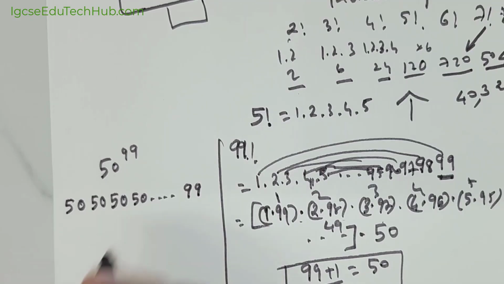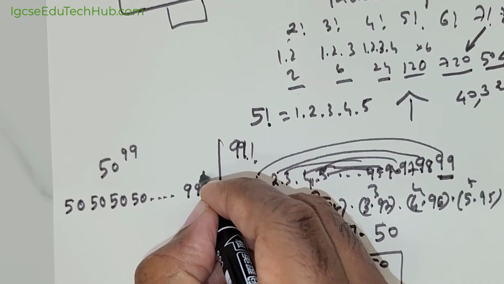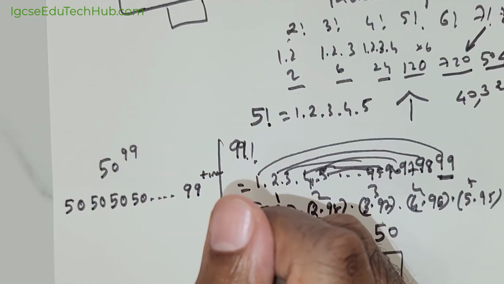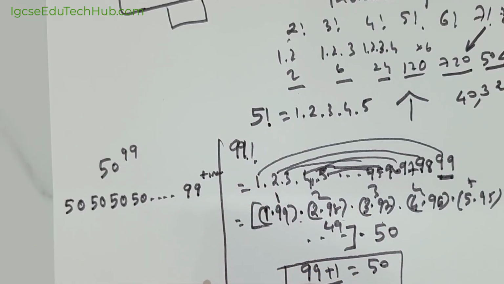Okay, this is going on up to 99 such times. Now as I mentioned to you, what I wish to do, I would like to group them. Okay, so that grouping is critical.